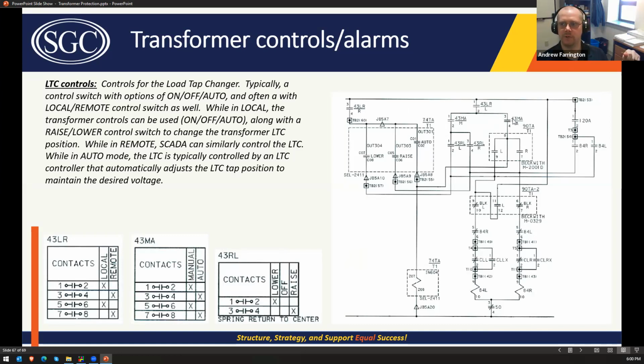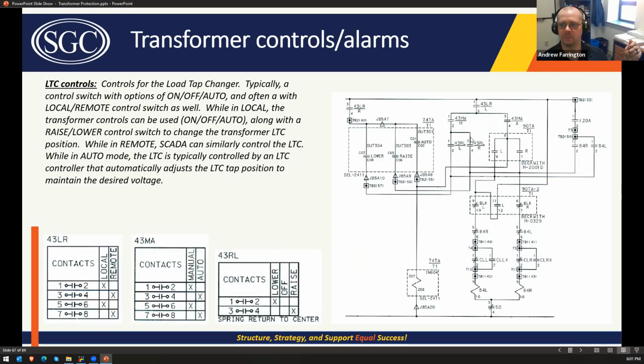So again, 43 is a selector switch, M is manual, A is automatic. And if you're in manual, then you've got another selector switch, which can be kind of confusing. This is local remote. This is raise lower. So if you go to here, this contact will close when you want to lower it.